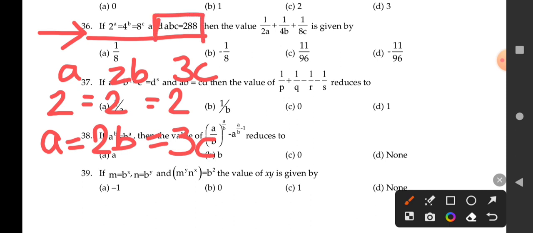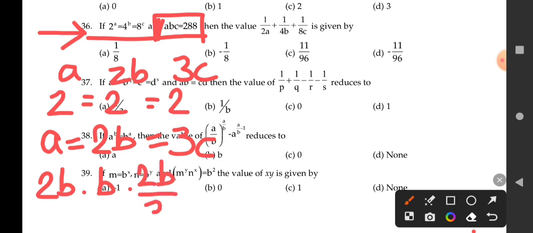And what do we have here? abc equals 288. So let us substitute. We have 2b into b into c, or maybe we can also substitute c in terms of b. So we have 2b cube divided by 3 is equal to 288.